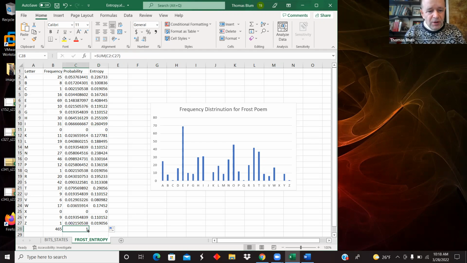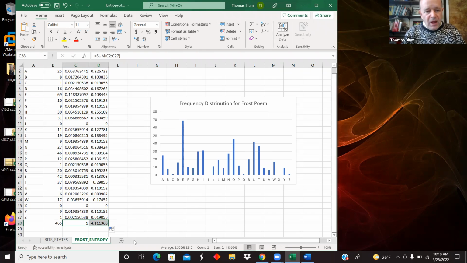And then I'm going to add those up. And that is then the information entropy, or the number of bits we are conveying per letter, pretty much in normal English, but in particular in this Robert Frost poem.